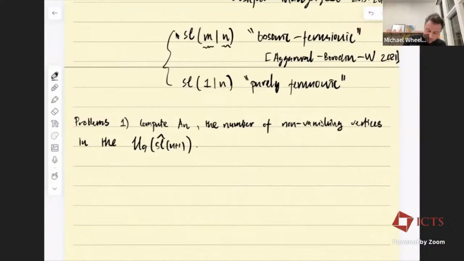And then explicitly tabulate the weights in the SL3 case. That would be the n equals 2 case.